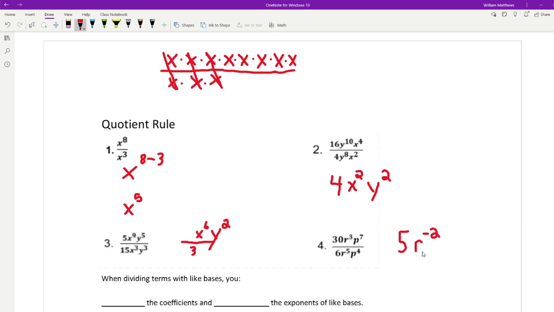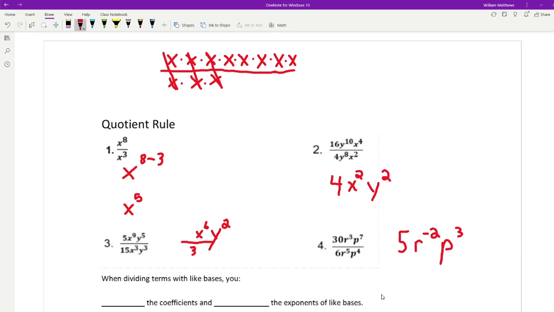So this is as if it was moved up to the top of our fraction where 5 was. And last, our variable p. We can write out our p. We have 7 minus 4, which would give us p to the power of 3.